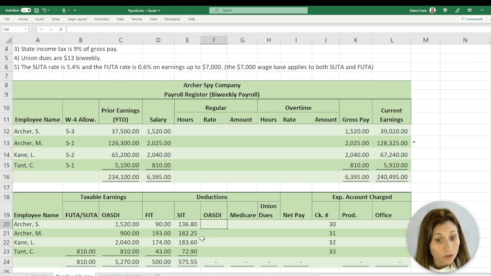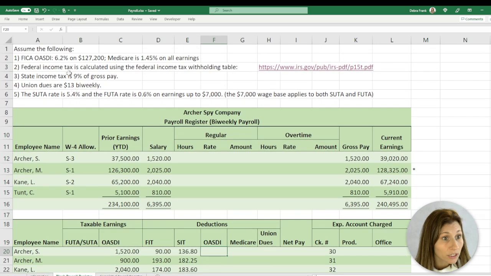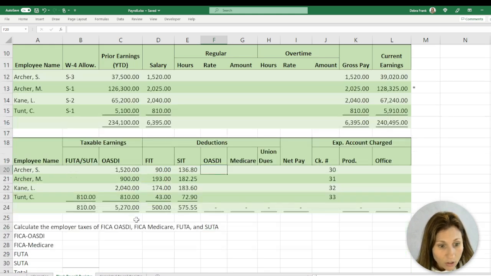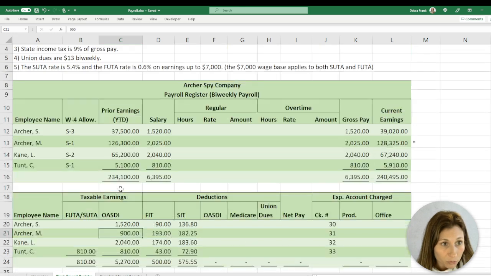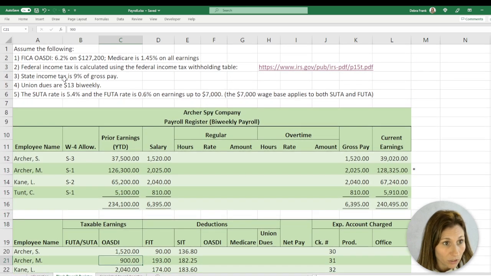So next we have the OASDI. So when we're looking again, we have 6.2% on earnings up to the 127,200. So we know that we have already said to ourselves, okay, 900 only for Archer M will be at that 6.2%. So again, that's from up here. All right, so let's go ahead and start calculating that.